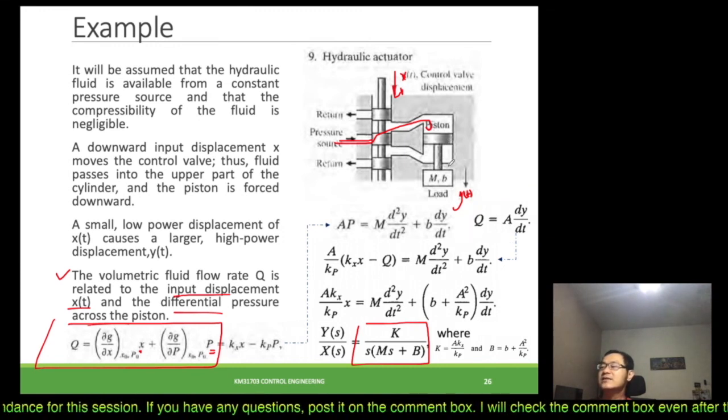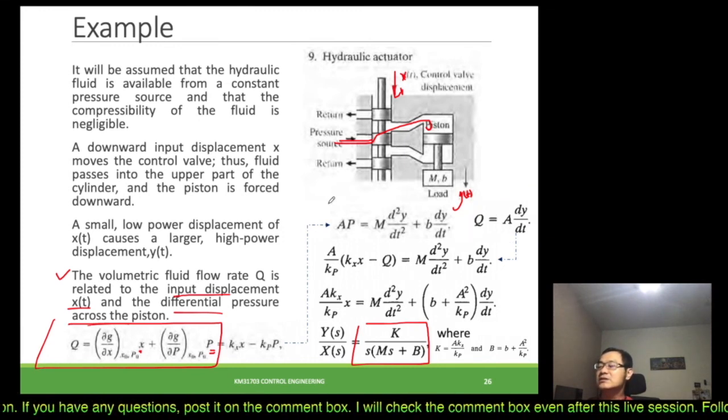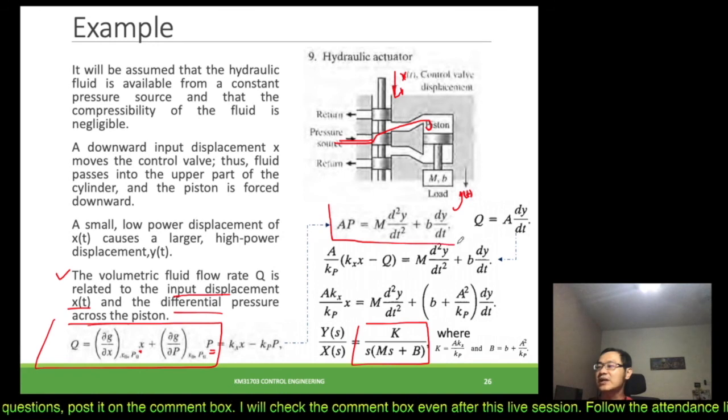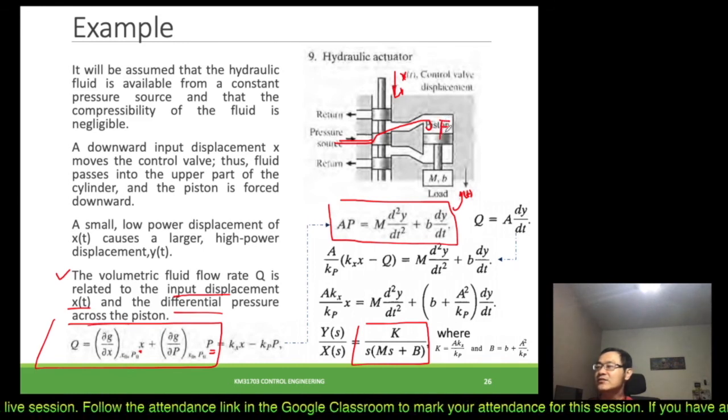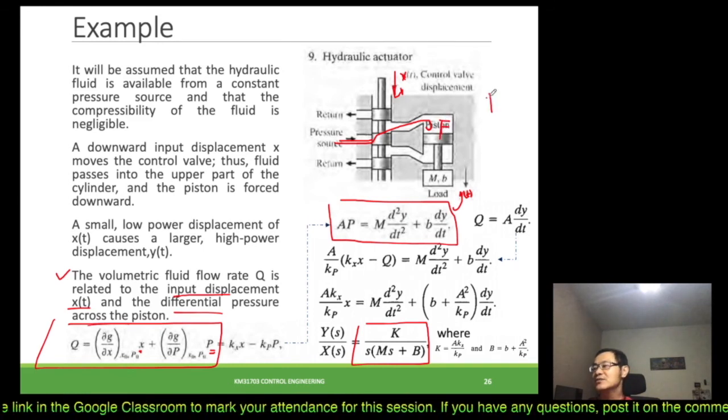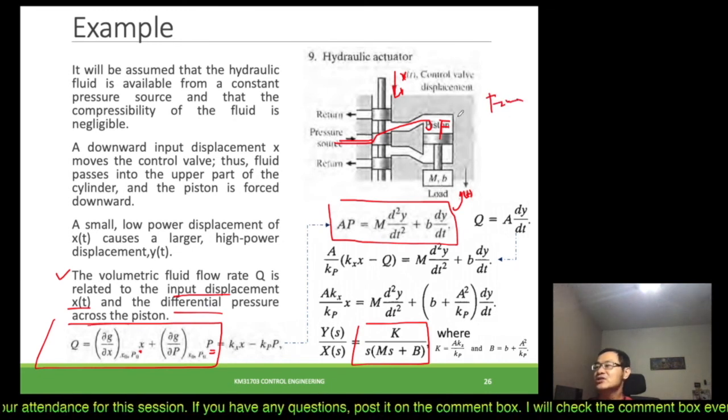From this diagram we would use another relationship to help us. We know the force, F equals ma. This force is acting on this piston, on this cylinder itself.